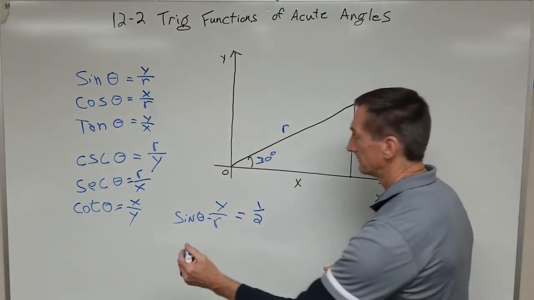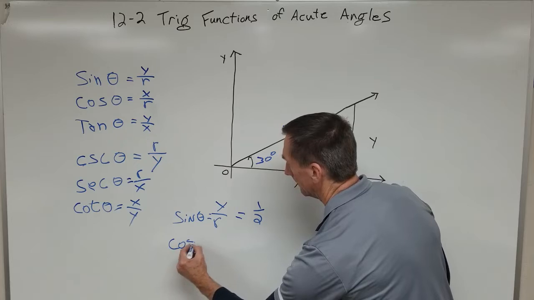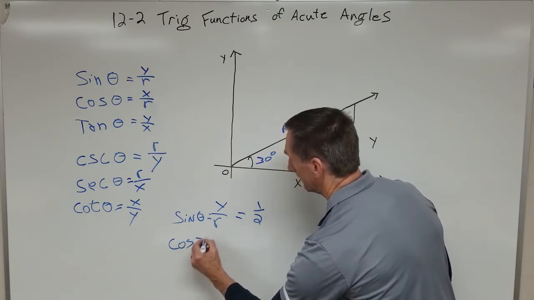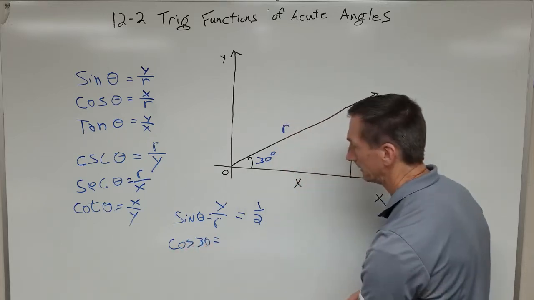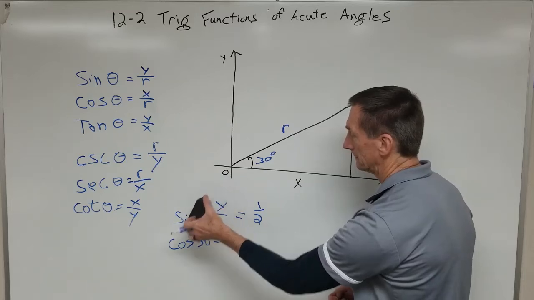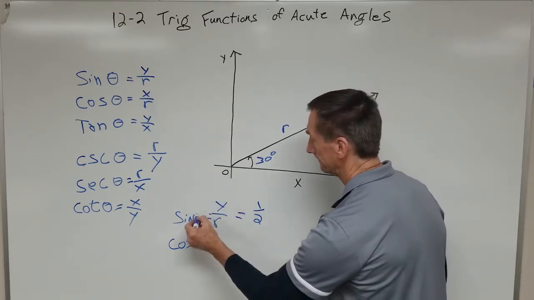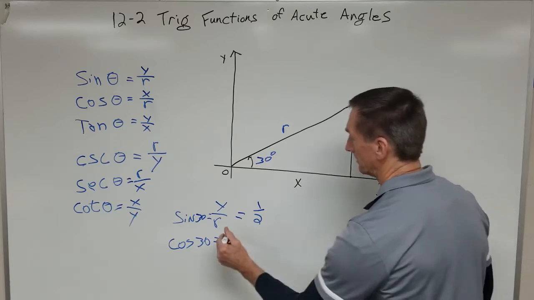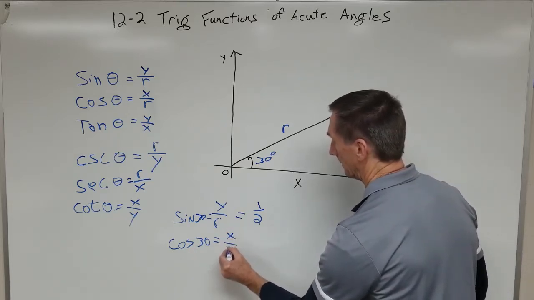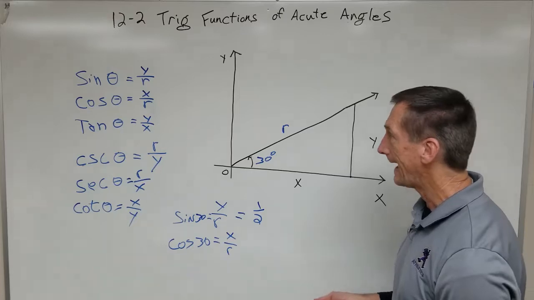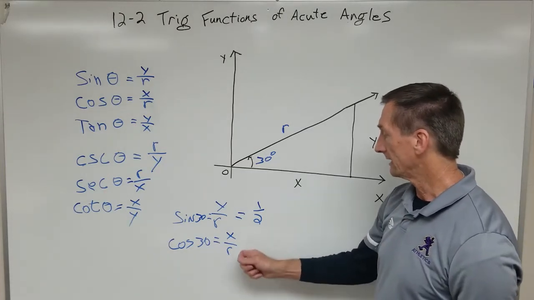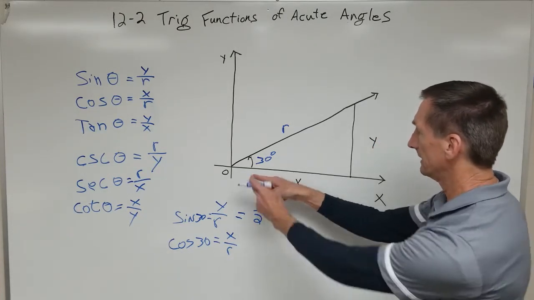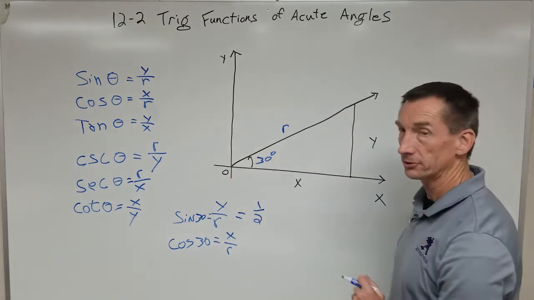Cosine of 30 degrees, since we're using the standard angle, is x over r, or you may remember it as adjacent over hypotenuse, the side adjacent to the angle over the hypotenuse of the triangle.